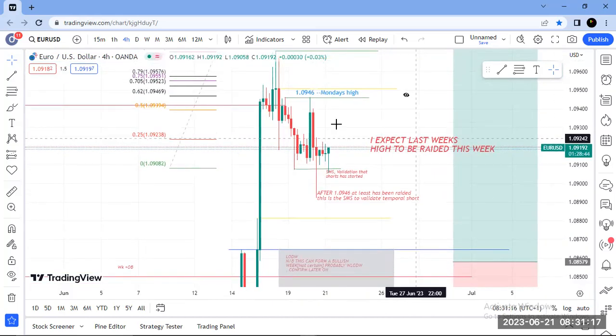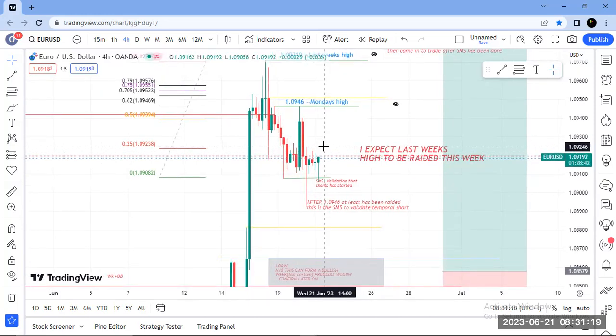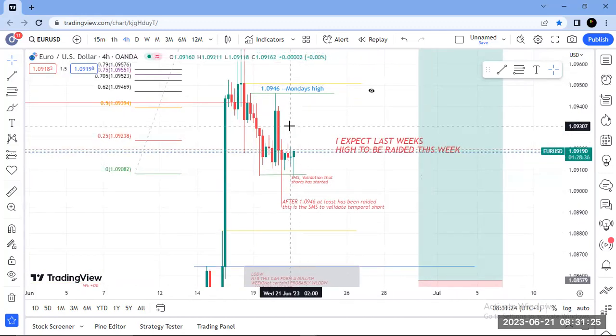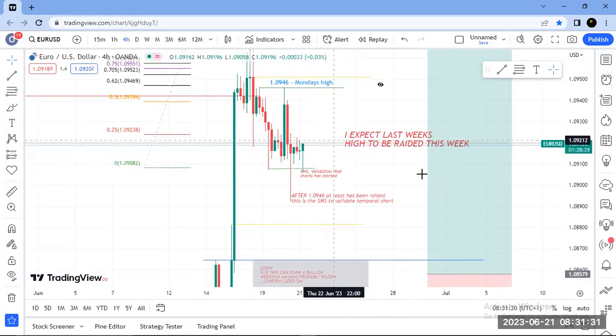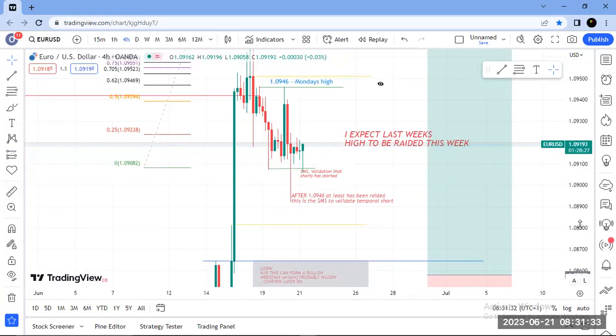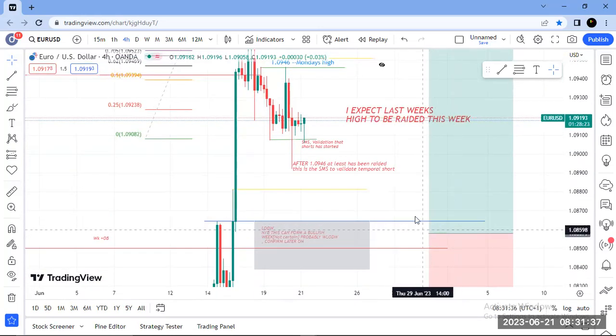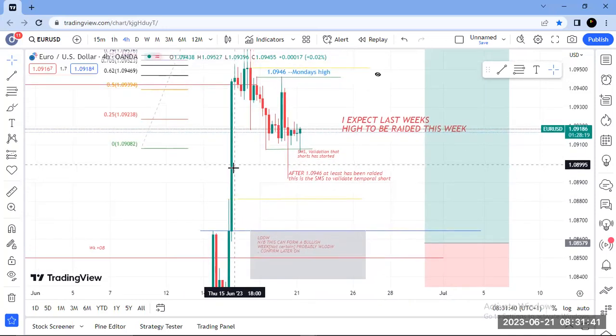Currently, that's what I'm looking at. There is a trade that you might look to take in this range to sell euro, but this is what I want you to really wait for.